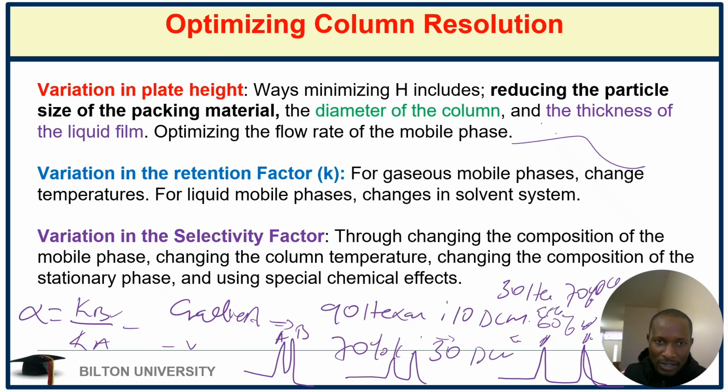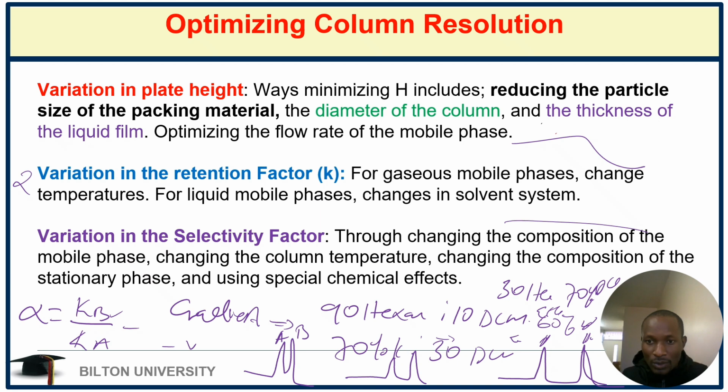So with the variation in selectivity factor, we can achieve a better or optimized column resolution, and we can do that either through changing the composition of the mobile phase, just like we have explained in this second point, changing the column temperature, changing the composition of the stationary phase, and also using special chemical effects, especially in the case of silanol groups in HPLC.